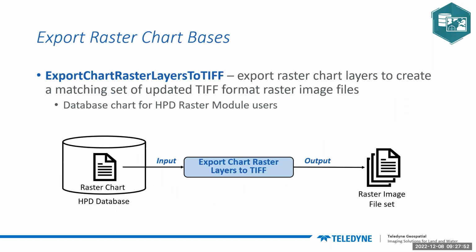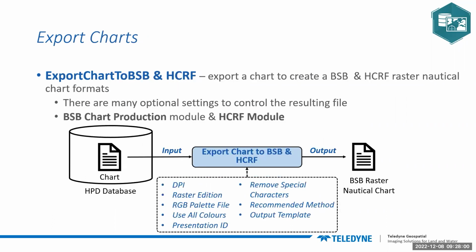So again, talking to that raster module. If you have that module, you've got the ability to export all of those layers in one go. And then also speaking to the raster export formats such as BSB or HCRF, which a few HPD clients have, the ability to export these in bulk also exists for those as well.